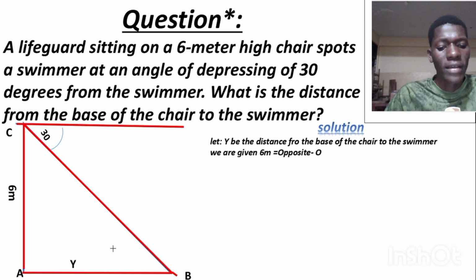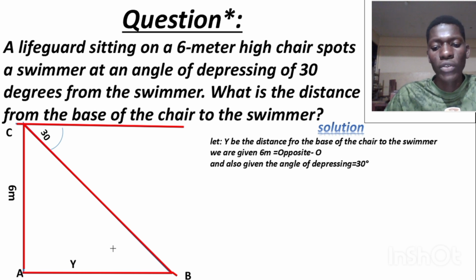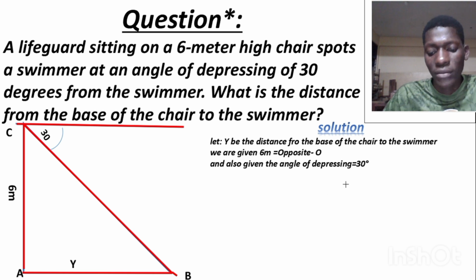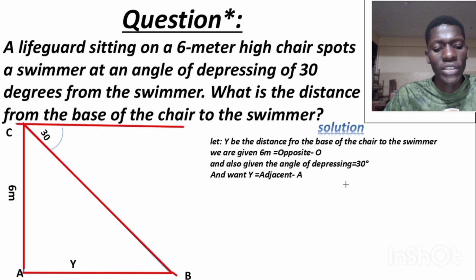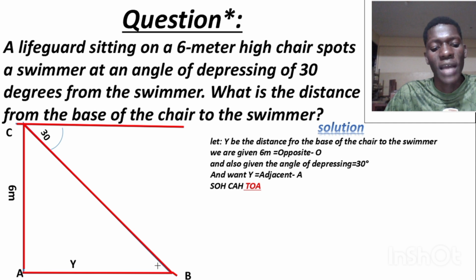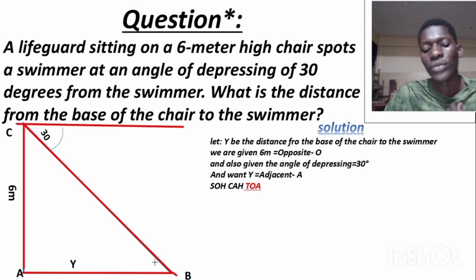So put our y there, and we are given the opposite, and also the angle of depression is 30. And we want the adjacent, which is y. Looking at these provisions, we have opposite and adjacent, 6 and y, to this angle that we are going to use.